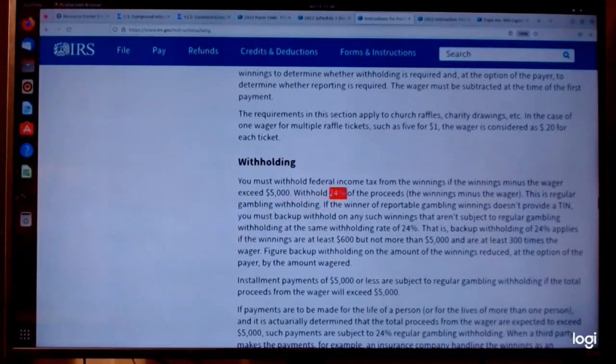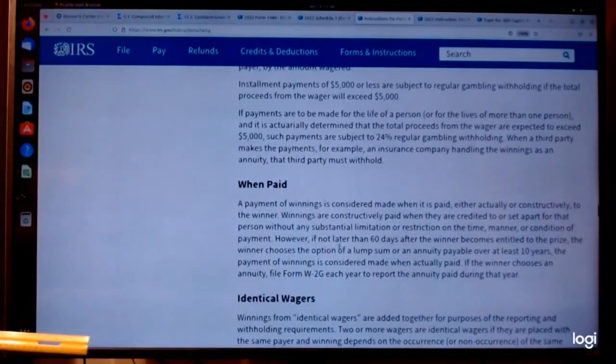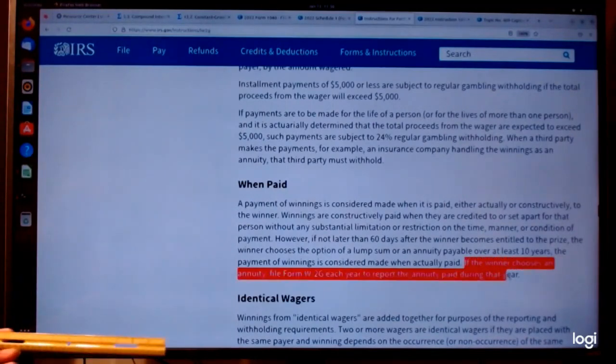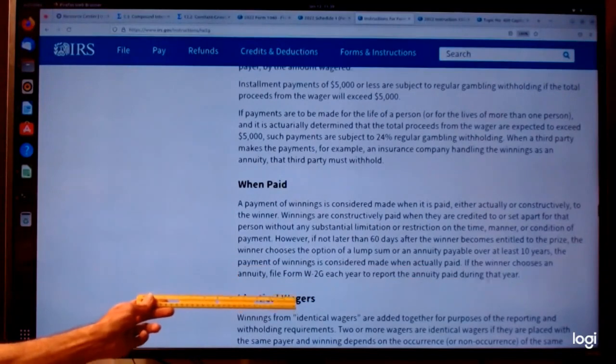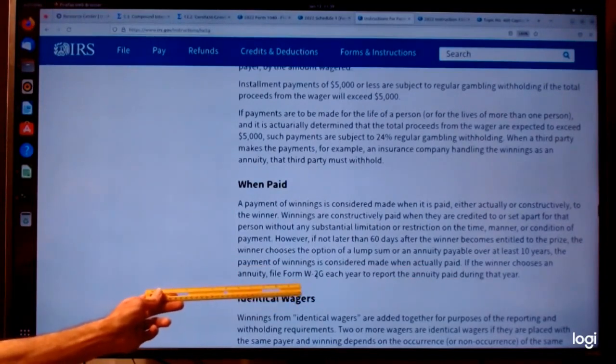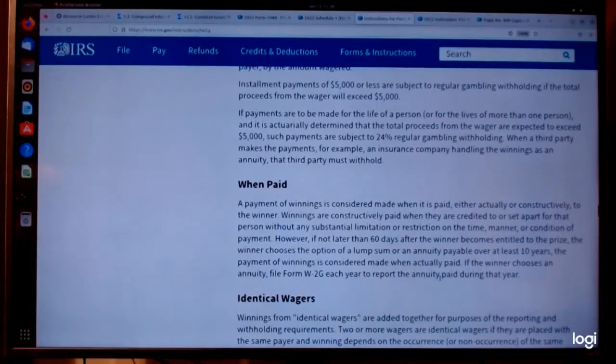Now keep that in mind, the 24%. We'll look at that in the tax table. And so with the winner, see, if the winner chooses an annuity, so they get that W-2 each year that the annuity is paid.